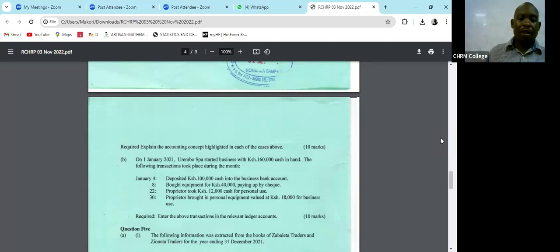In this case, the capital was deposited in the cash box. That is why they say it was 160,000 cash in hand. So we shall debit cash because cash is an asset. Cash will be receiving 160,000. We debit the cash and then we credit our capital account.